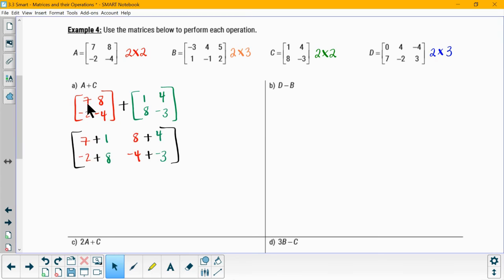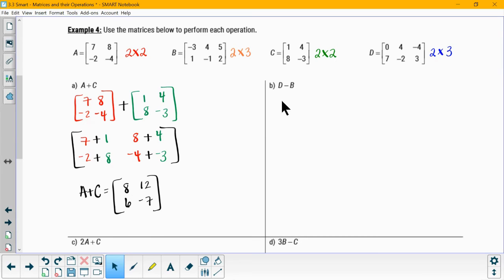So I'm going to take 7 plus 1, 8 plus 4, -2 plus 8, and -4 plus -3. That's why it is so important to have the same exact dimensions. So when I perform this algebra, I get A plus C is equal to 8, 12, 6, -7.